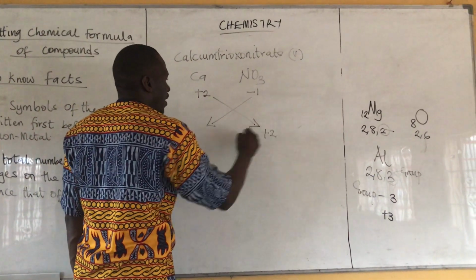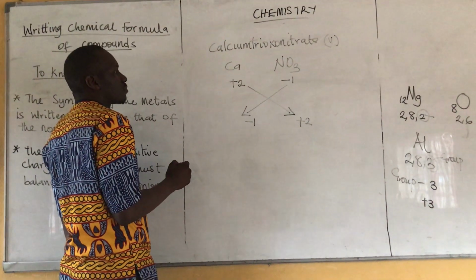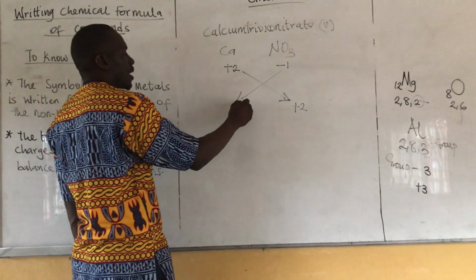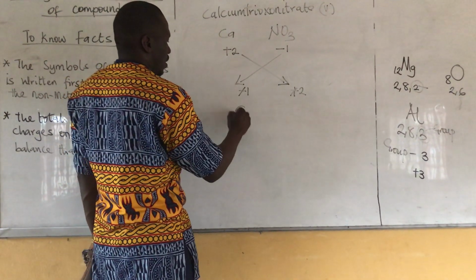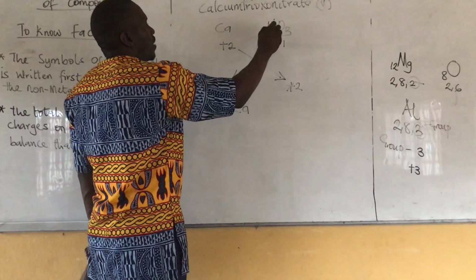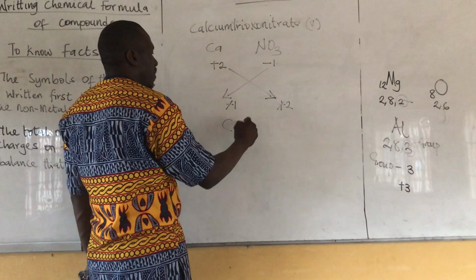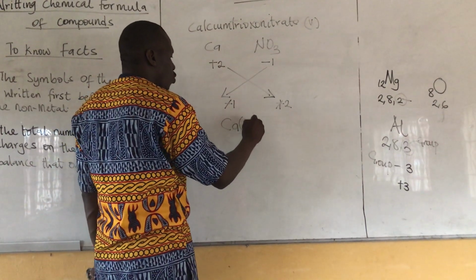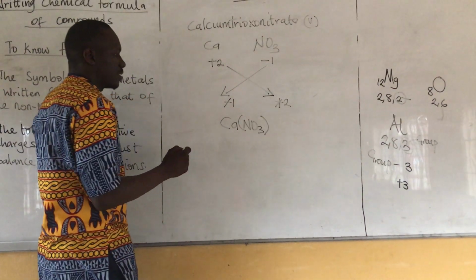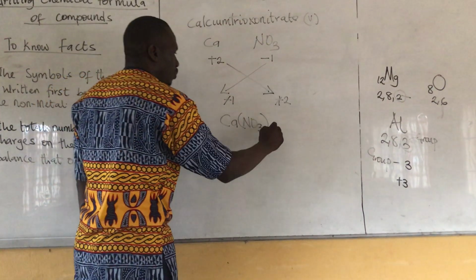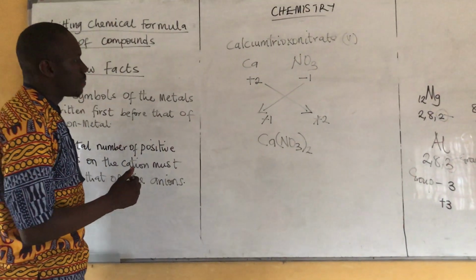Plus 2 comes over here, minus 1 comes over here. Then the charges cancel out. Our formula becomes Ca. Please take note: the mistake most students make is that they don't remember that radicals are groups that function as one entity. You put all inside a bracket, then you put 2.